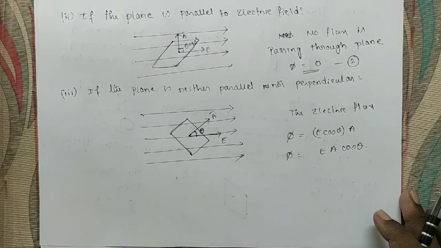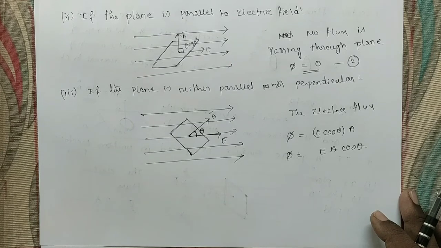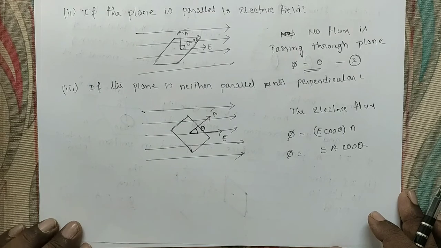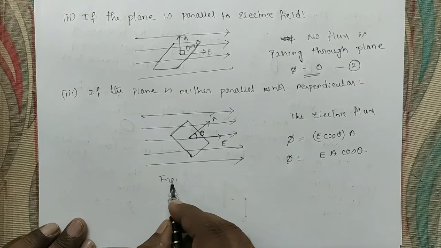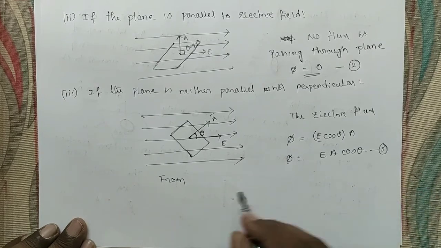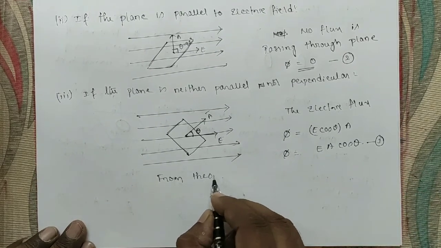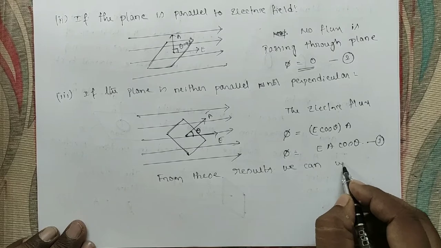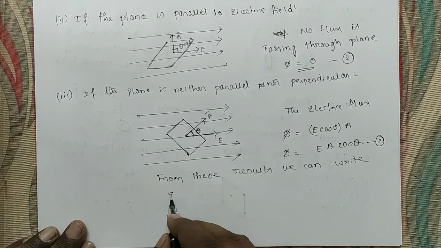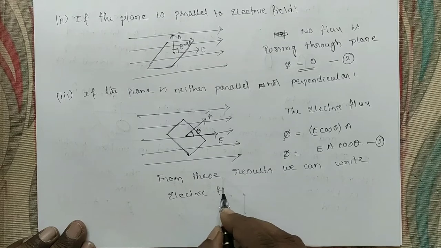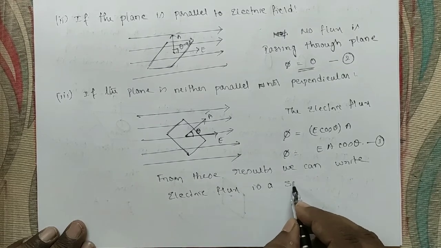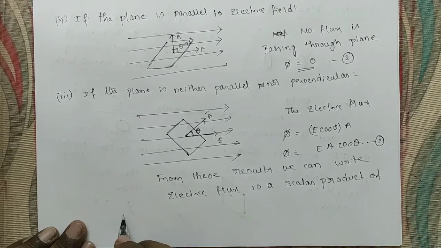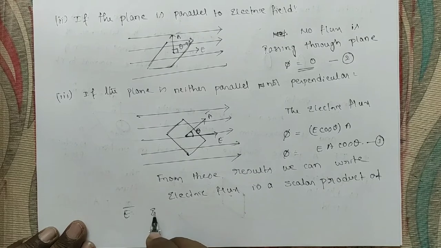So from this we can conclude that the electric flux through the surface is a scalar product of electric field intensity E and the area vector.